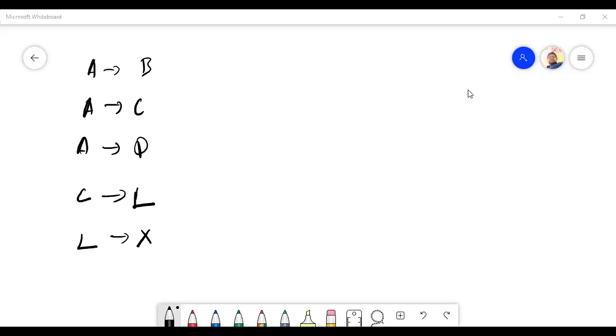Good. So now you understood what is dependency?